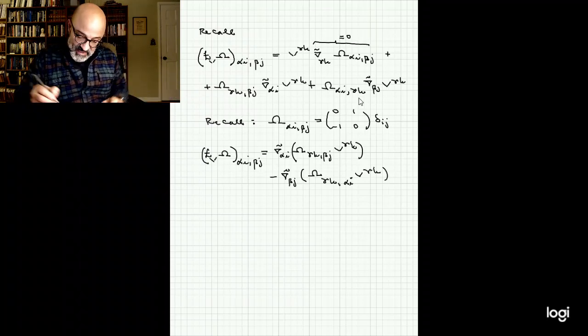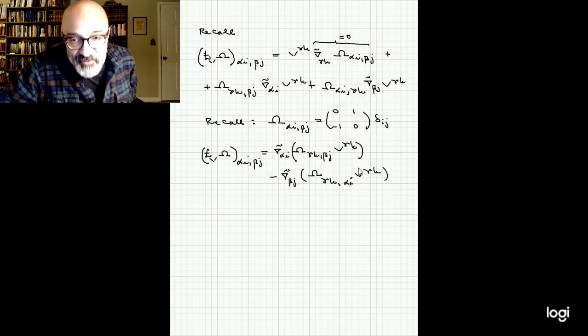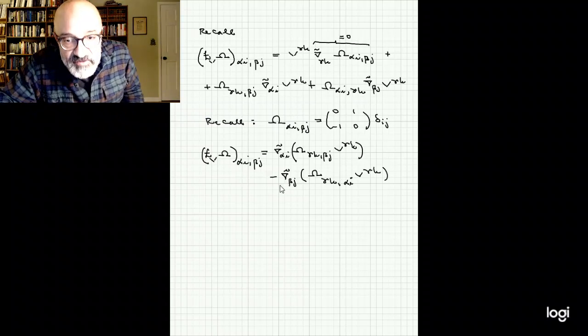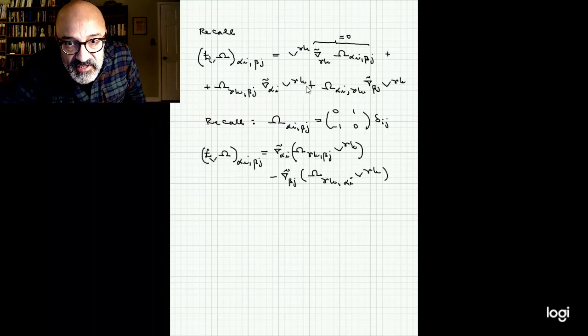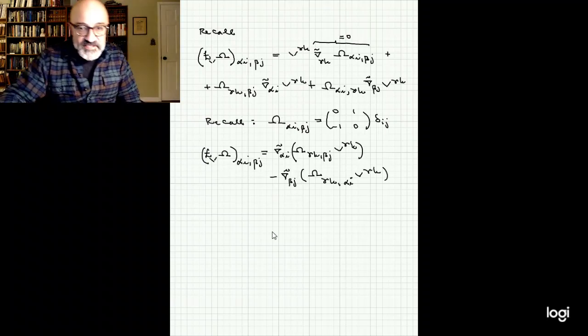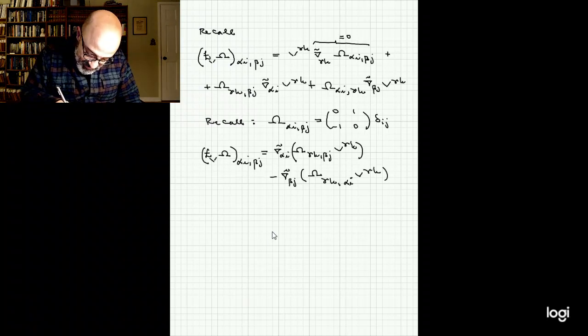Very good. Now, what does this look like now? Do you see that I flipped the sign? The reason I flipped the sign is that this was alpha i gamma k, and this is in the opposite order, gamma k alpha i. Since this is antisymmetric, I flipped the sign. Now this looks awfully complicated, but let's look at what we have.